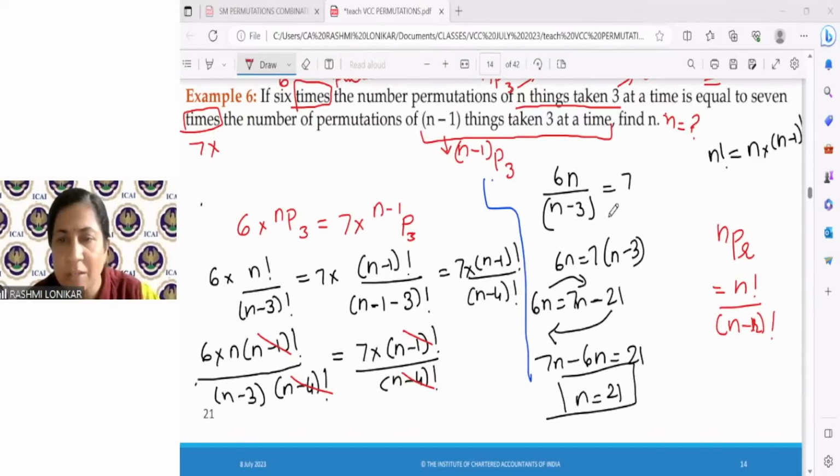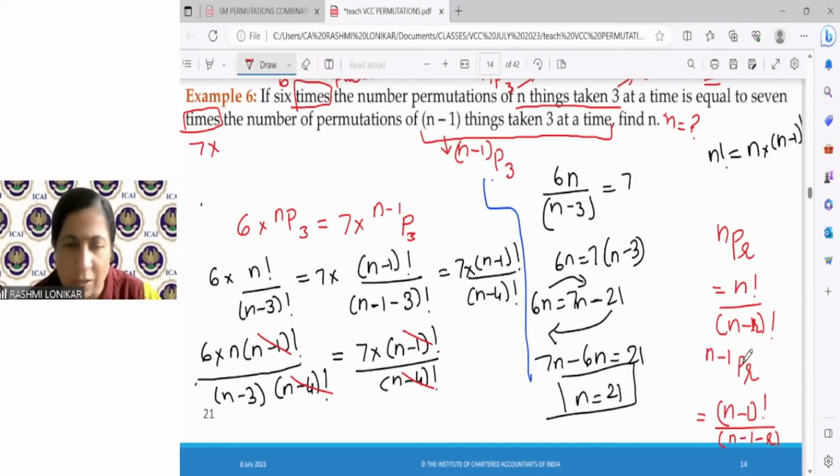I have n minus 1. So that is why this formula becomes n minus 1 Pr. So this becomes n minus 1 factorial upon n minus 1 minus r factorial. So here n minus 1, what is r here? r is 3. Saurabh, is that clear?